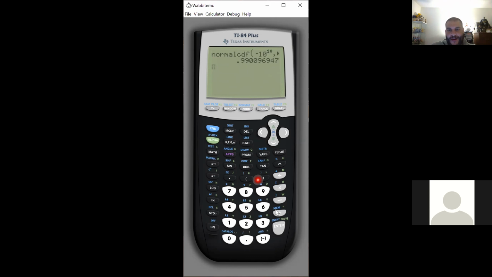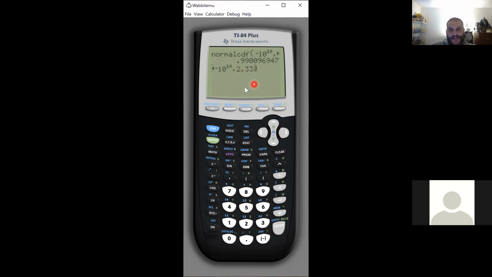All right. If you do have the older version of the calculator, so if you have the TI-83, you actually don't have to enter this. You don't have to enter mu or sigma because that's the default position.